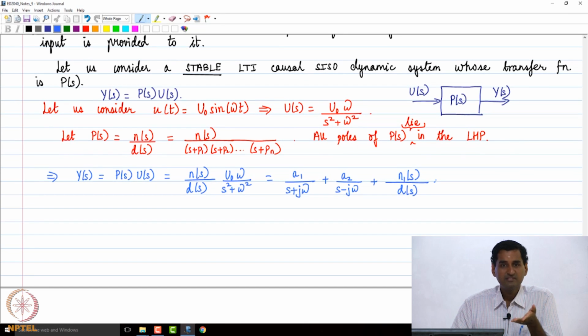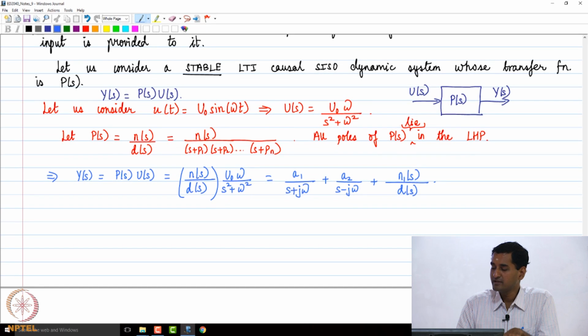Because the plant transfer function is n of s divided by d of s, and then I multiply it with a second order term whose denominator is s squared plus omega squared. So, I am writing s squared plus omega squared as s plus j omega times s minus j omega. Essentially, we are doing partial fraction expansion. I will write a1 by s plus j omega, and for s minus j omega, the residue I take as a2.